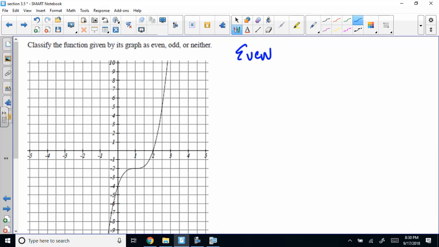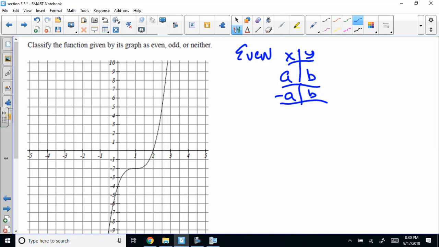Because if it's truly even, or truly odd, or neither, the points will come out where they need to be. So listen to this. A and negative A, they got to come out with the same outputs. That's exactly right. A and its opposite has to come out with the same outputs.